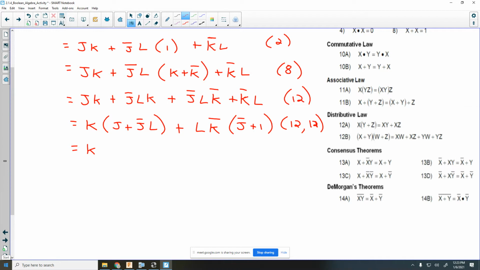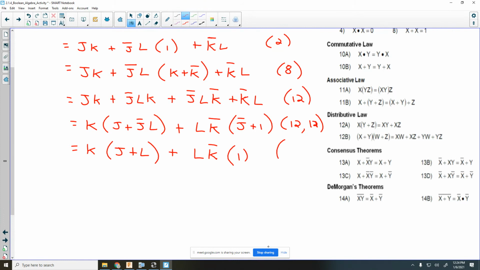Okay, let's see. Then what do we got? J or J naught L? What rule is that? 13. Yeah, that's consensus. So that would simplify to J or L. So then this would be LK naught, and J naught or 1 is 1, so that goes away.